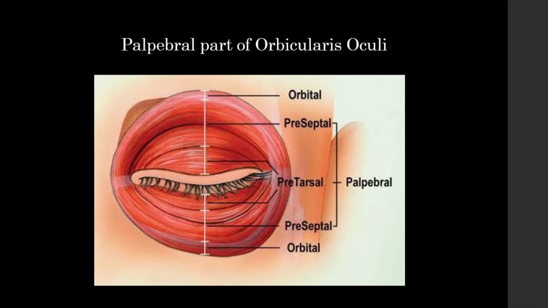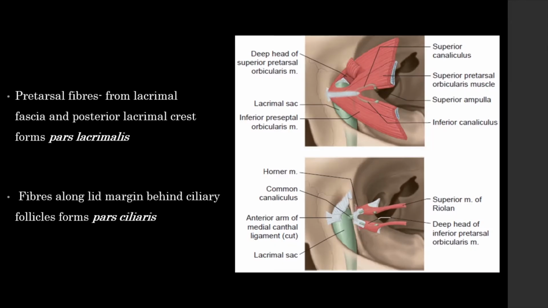The palpebral part of the orbicularis is divided into the pretarsal and preseptal portions. The pretarsal portion has two heads, the superficial head and the deep head. The superficial head originates from the medial palpebral ligament, and the deep head takes origin from the posterior lacrimal crest and the lacrimal fascia.